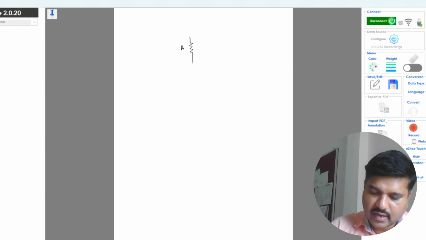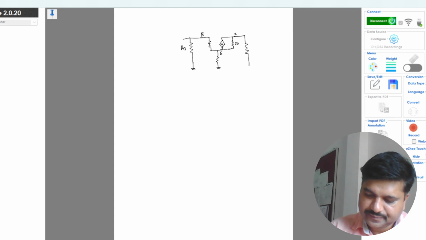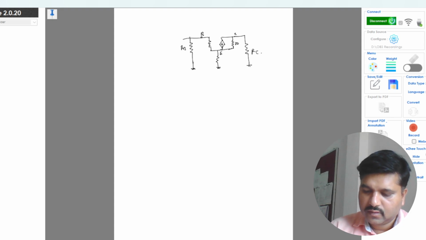So this is my RB, this is my R0, this is base, emitter, collector, and this is RC, right?